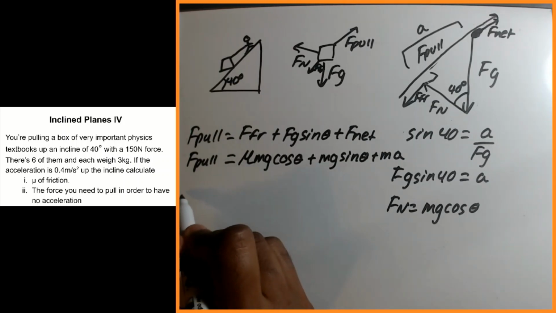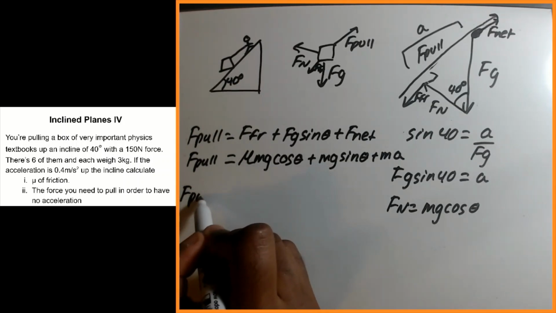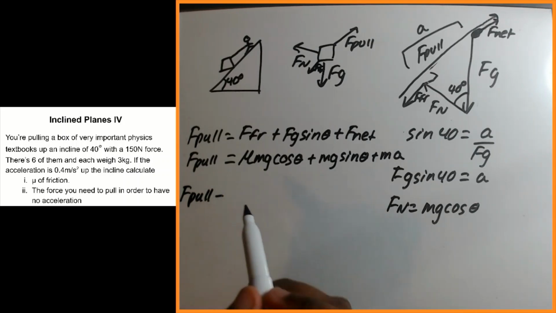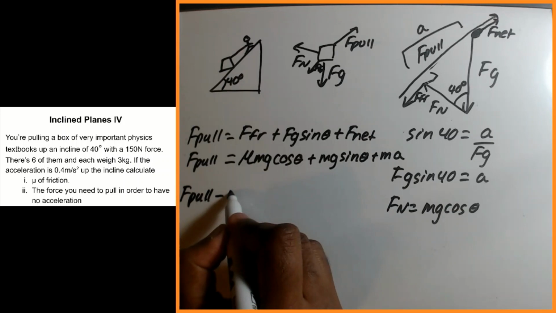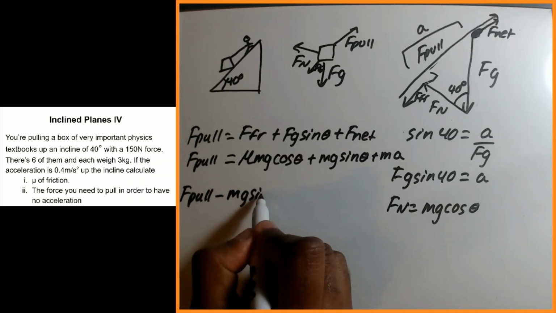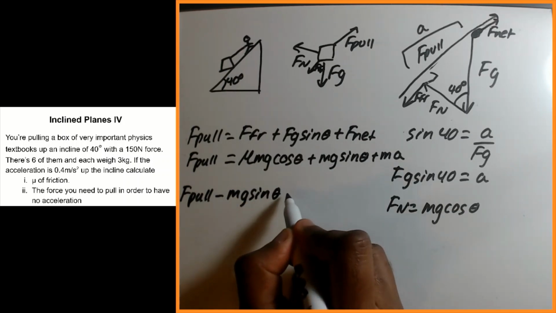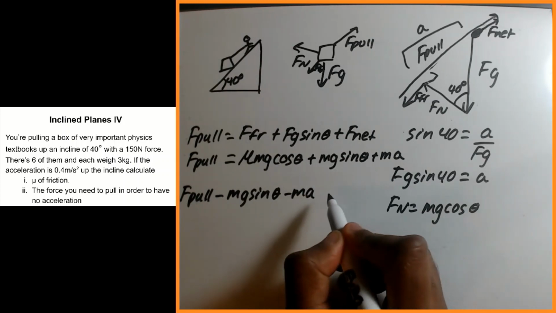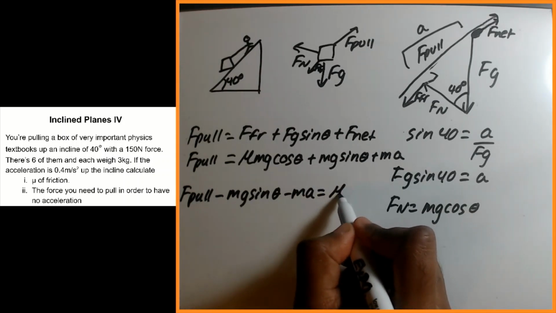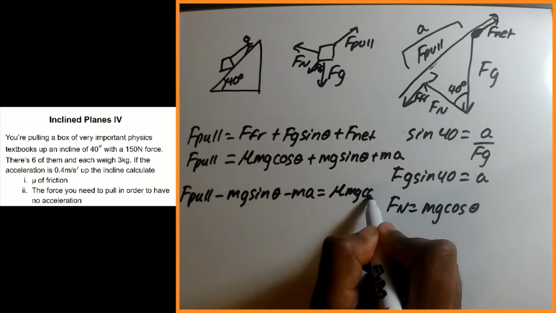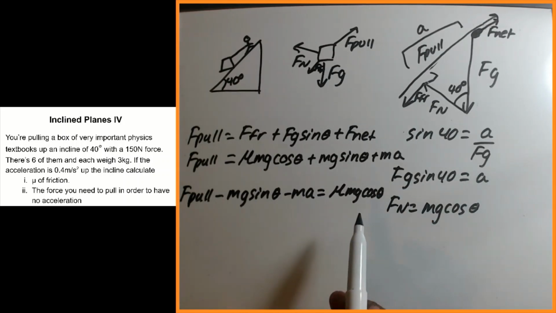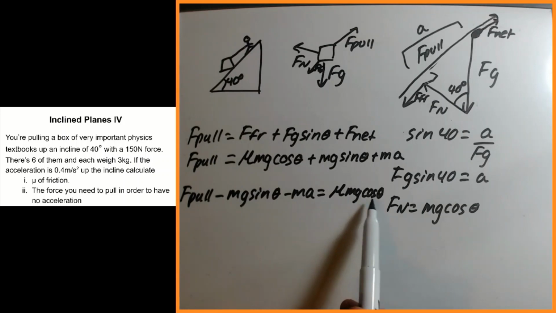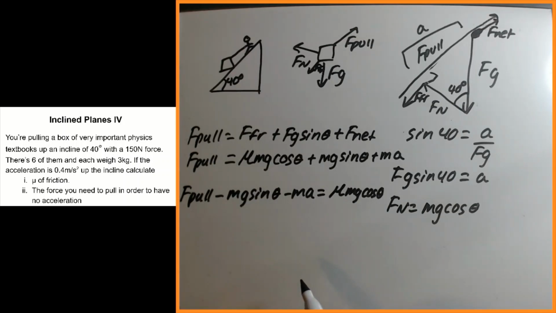So what we get is F pull minus all of this, right? So we get mg sine theta minus ma is equal to mu mg cos theta. And next thing we want to do is just divide by mg cos theta on both sides.